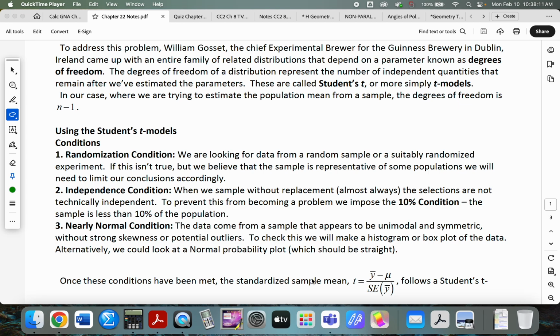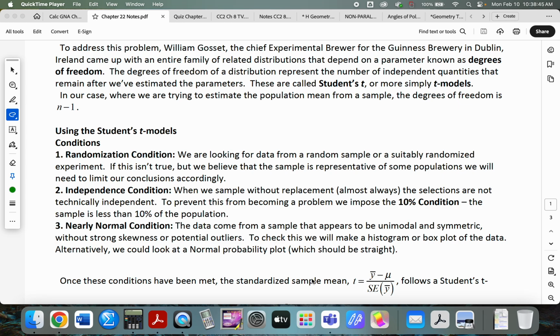These are called Student's t, or simply t models. Now, you may be wondering, where did this Student's t come from? Well, the Guinness Brewery Company had a pretty good, for their sake, clause in his employment that said he couldn't publish anything that he discovered while he was working for them, because they were very secretive.